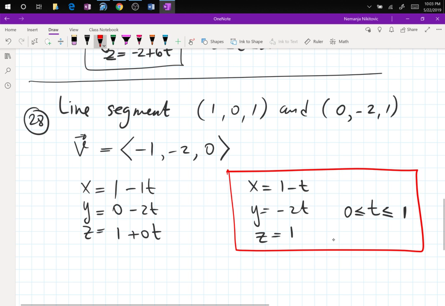Yes? If that question was on a test, will we be given an interval of time to find for? Because you could change around that equation so it would be the same, just in different time intervals. Couldn't you? No, your equation is fixed because you have fixed 2 points. This is the equation of the line, it's unique.